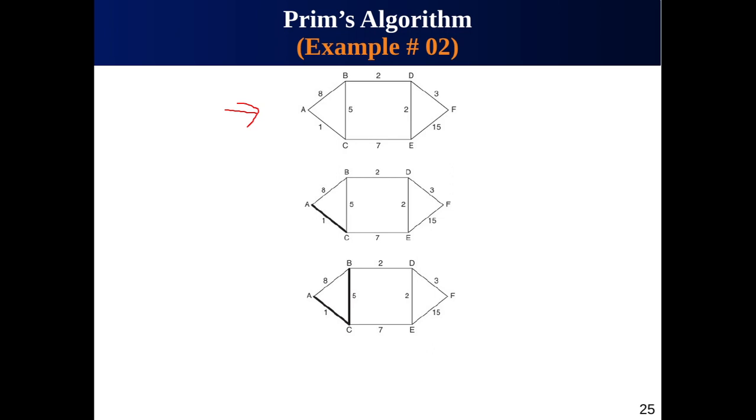Let me revise it. If the weights of the edges are unique, then both the algorithms will find the same minimum spanning tree.